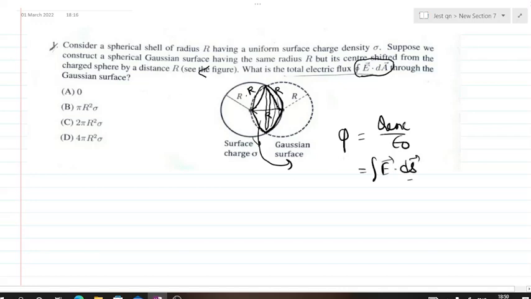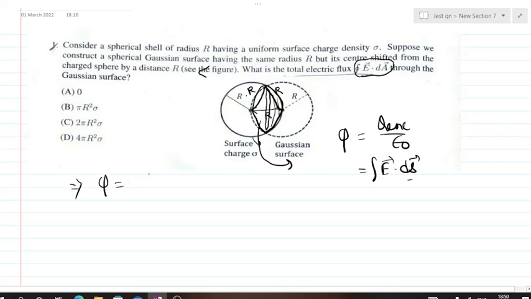This is the full surface, but we have to calculate the flux passing through this surface only. So the elements will be changed. Let's see how.